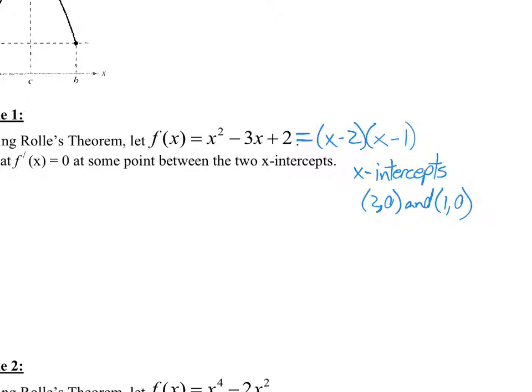So the interval I'm looking at would be what? 1 to 2. Okay, the closed interval from 1 to 2. Okay, that's my interval. So now let's think about f prime of x. F prime of x would be what in this case?